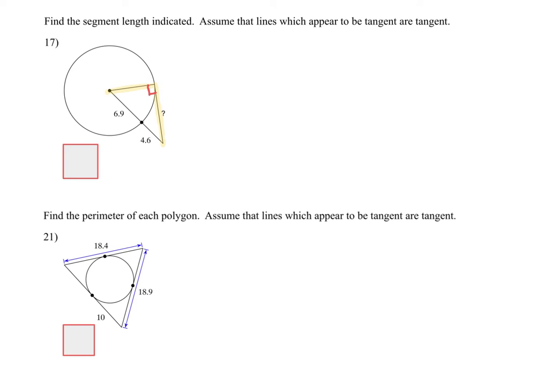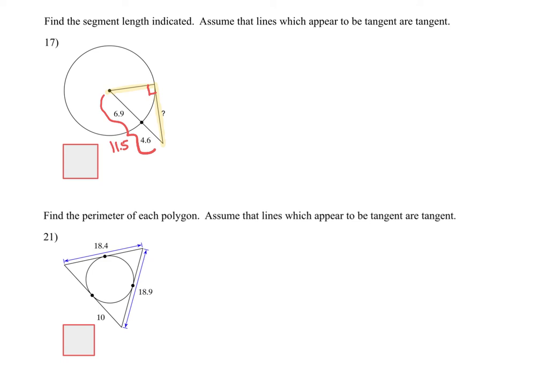Now, a couple things I want to point out here. The 6.9 and the 4.6 need to be added together to get that entire hypotenuse length, okay? So you need to add those up. 11.5 is your hypotenuse length here, because you need to add those. And you'll notice they only gave you the hypotenuse. We need one more side of our right triangle.